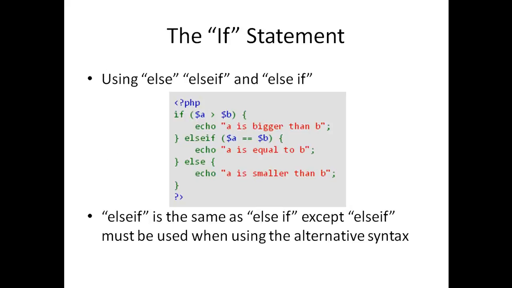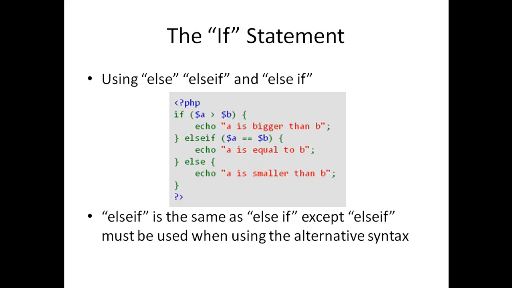Using else, else if, and elseif with the space. They are different. Elseif without the space is the same as else if with the space, except elseif without the space must be used when using the alternative syntax.